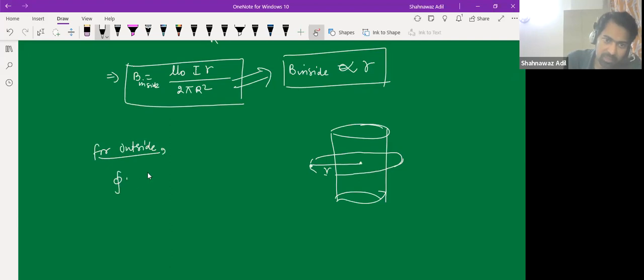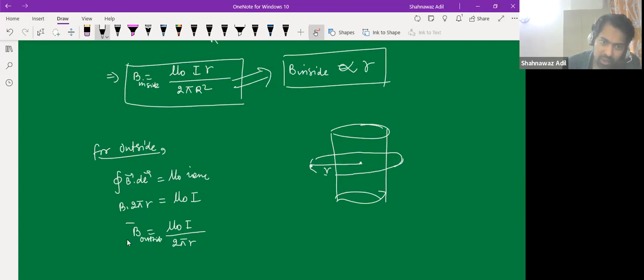If we use the Ampere circuital law for outside, mu naught I enclosed, you can see that for this outer area the whole I is passing. So this would be simply I, and this is B into 2 pi r. So the magnetic field is mu naught I by 2 pi r. This is outside. So outside, the magnetic field is varying like 1 by r.